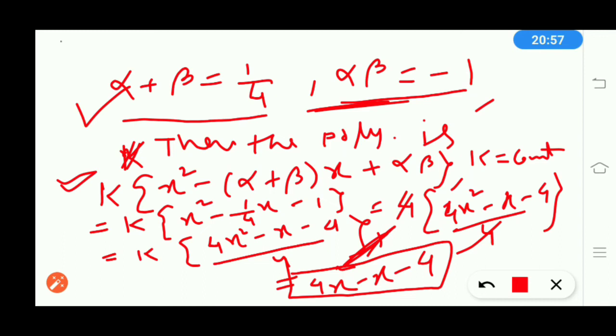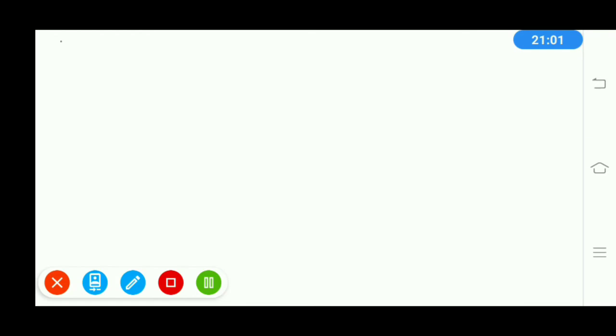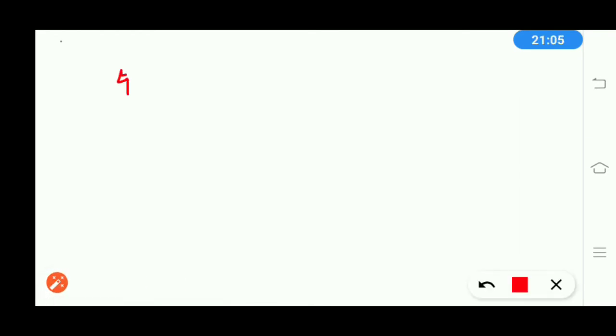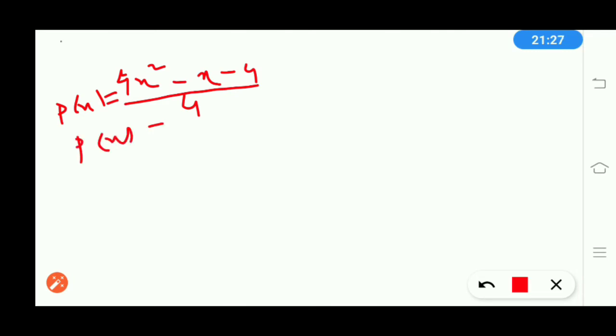Now see, if we take the previous one, that means 4x square minus x minus 4 divided by 4. This is the given polynomial. After that we neglect the 4. So let p of x equal this. Now if we find the zeros of this polynomial, then definitely p of x equals 0.